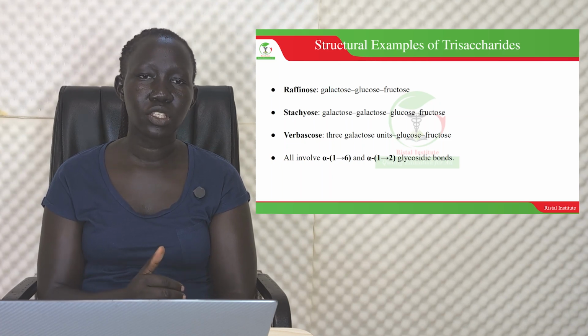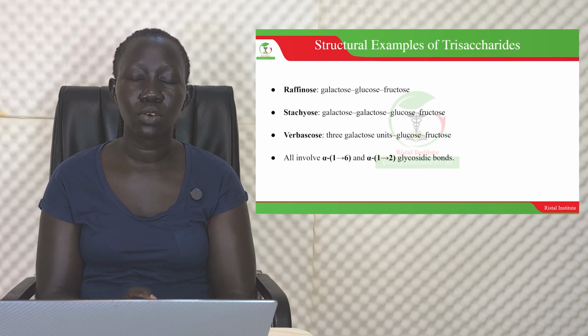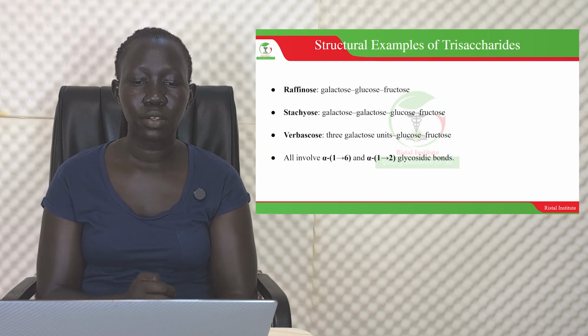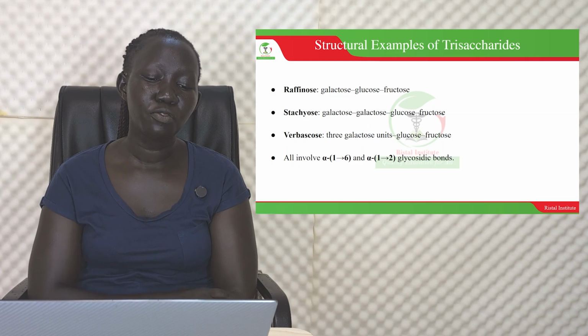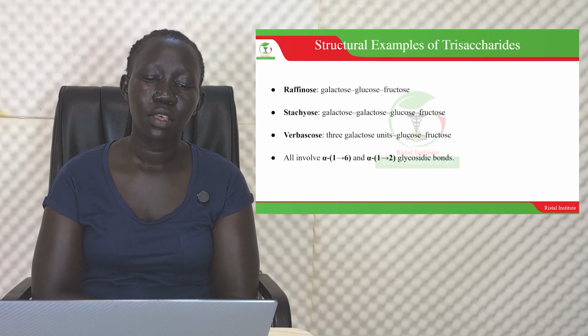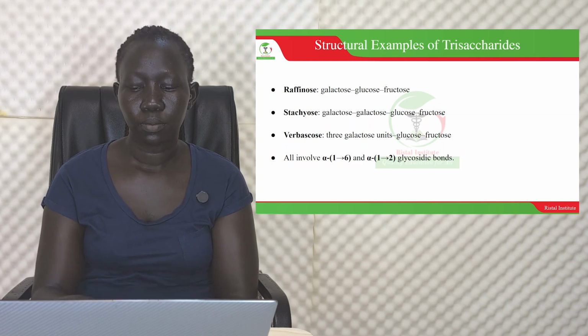So you can see the chain and the naming of each of these: raffinose contains one galactose, stachyose contains two galactoses, and verbascose contains three galactose units, and then you add on glucose and fructose. All these involve alpha 1,6 and alpha 1,2 glycosidic bonds.